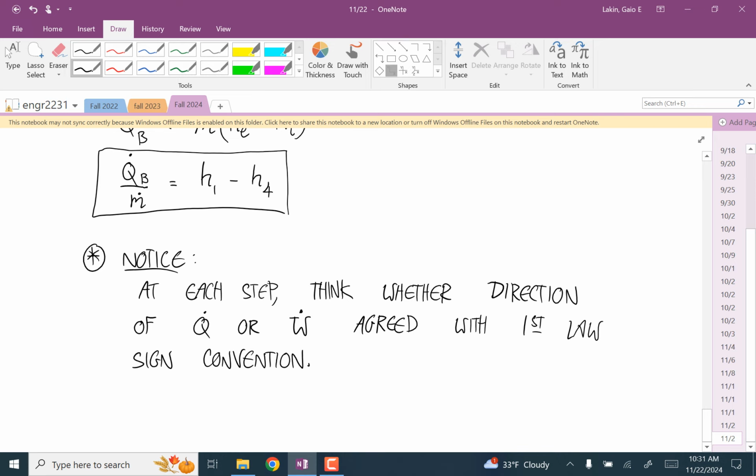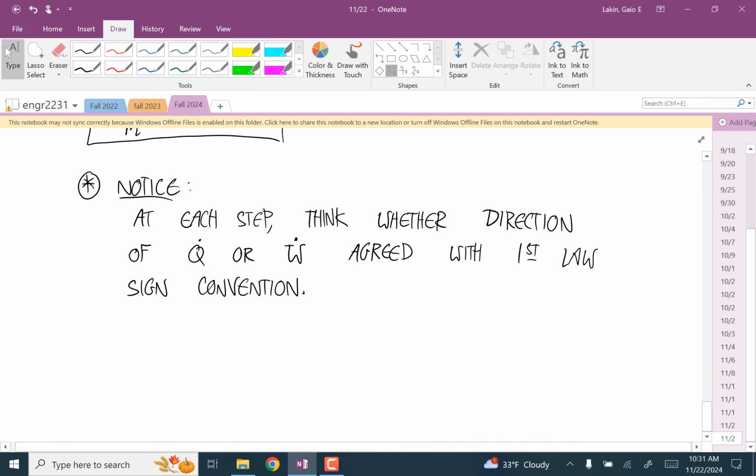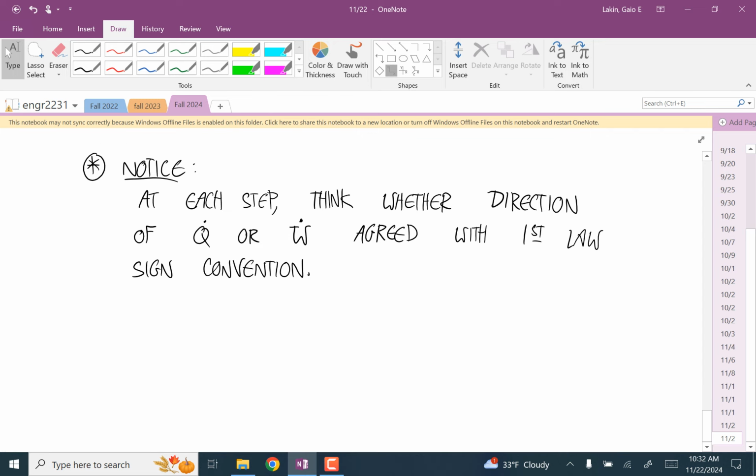Okay, so now we did all this to express the efficiency in terms of enthalpies. So now we're going to express eta in terms of these state enthalpies, these specific enthalpies.